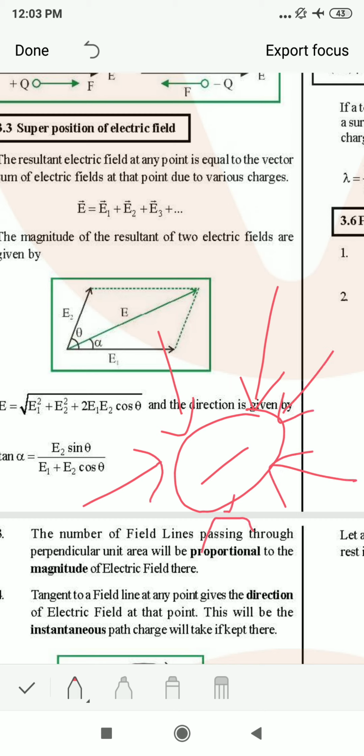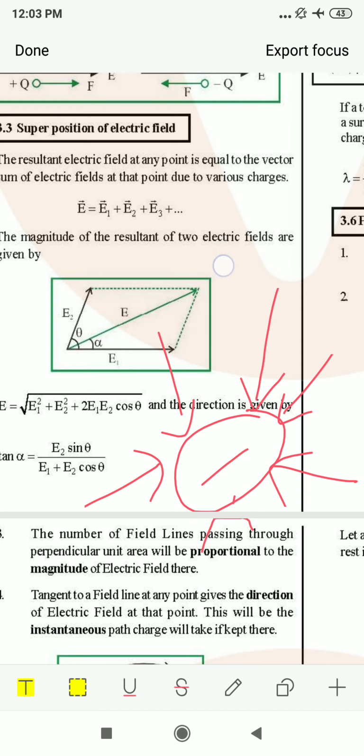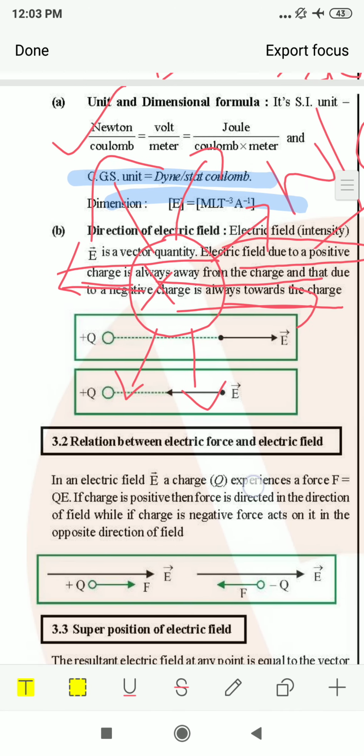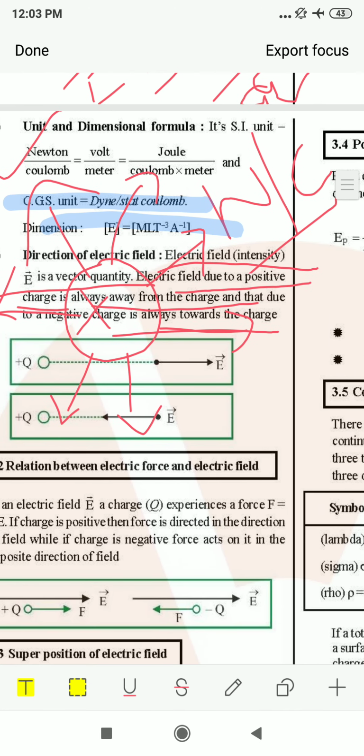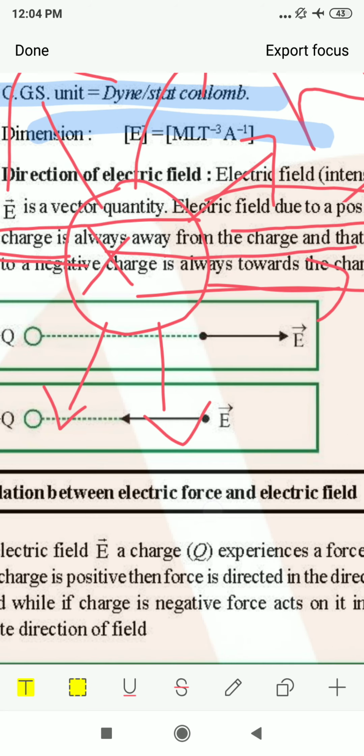Hope it is clear. So we can see direction of electric field for a positive charge will be away from the positive charge, and for a negative charge it will be towards the negative charge. It is shown in the diagram also.